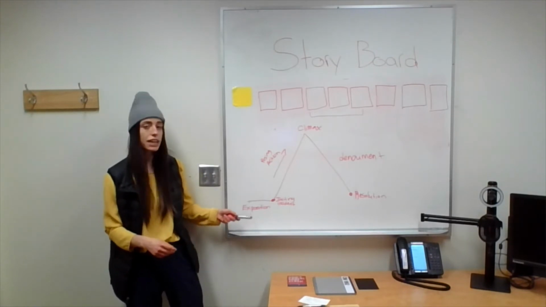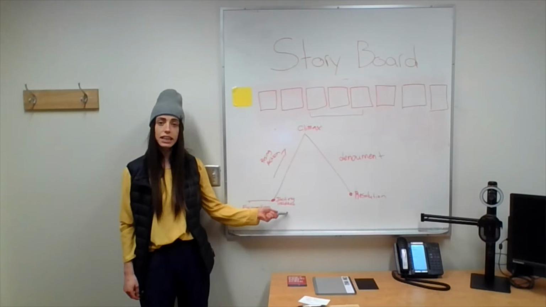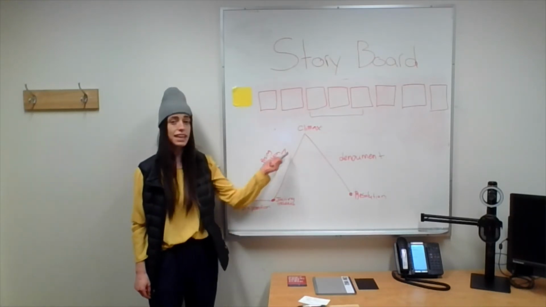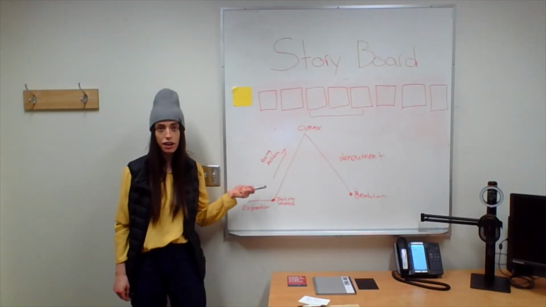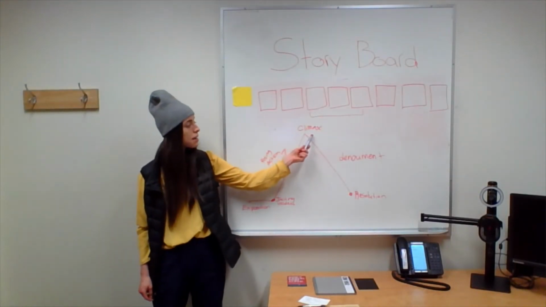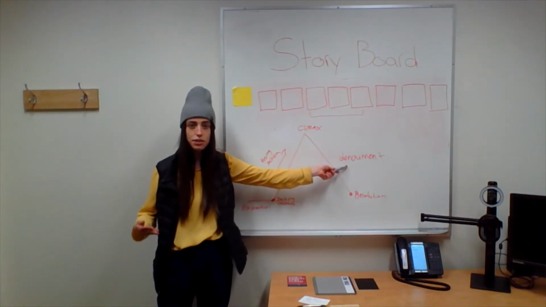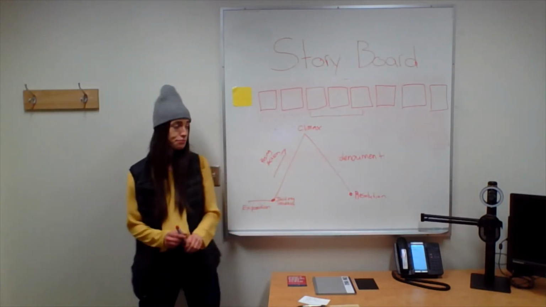So beginning with exposition, and then the inciting incident of a story. Then we have the rising action, and this can be in multiple boxes as well. Then we have climax, denouement or the unknotting of the story, and then finally the resolution.